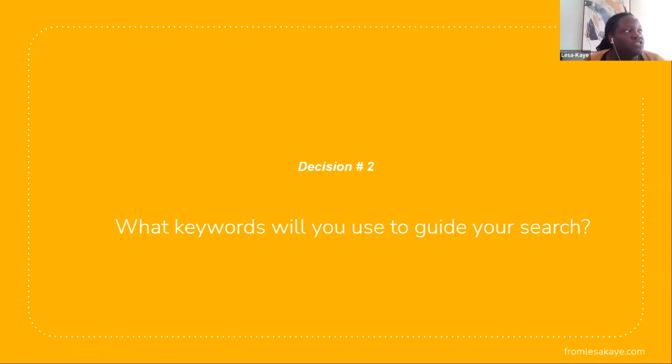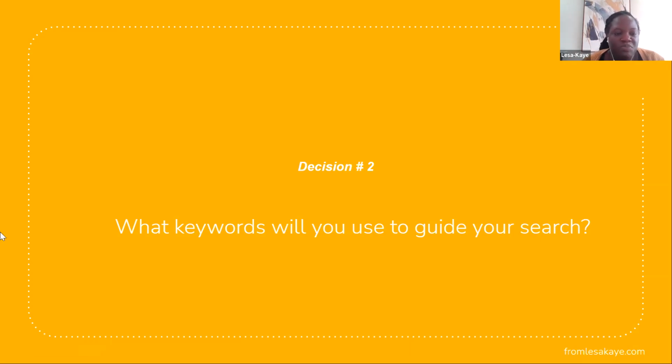So decision number 2, to find the right grant funding for your nonprofit, you must connect the dots between your community's needs, your nonprofit's mission and work, and your funder's interests. So to find the connection to the funder's interests, you also need to decide what keywords best describe your nonprofit's work and the community that you serve.